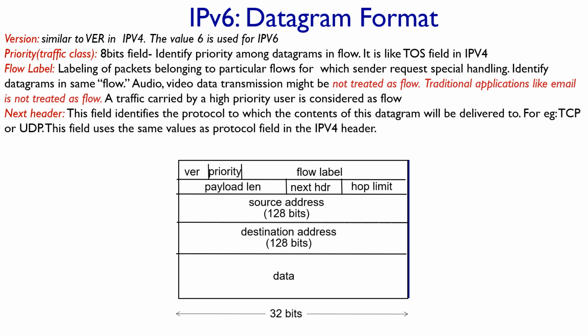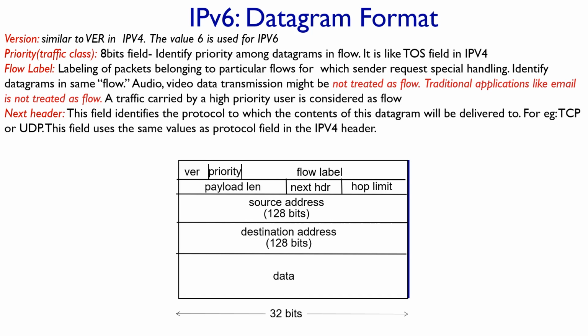So when continuous datagrams of the same flow are there, they are treated as a single priority. Traditional applications like emails are not treated as a flow. They are of very small size, so they can be carried with high priority and are considered a different type of packet.